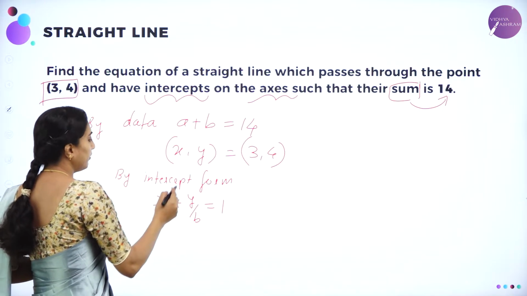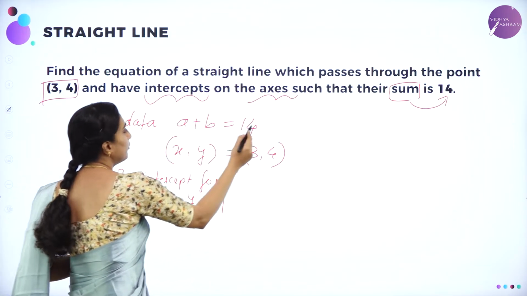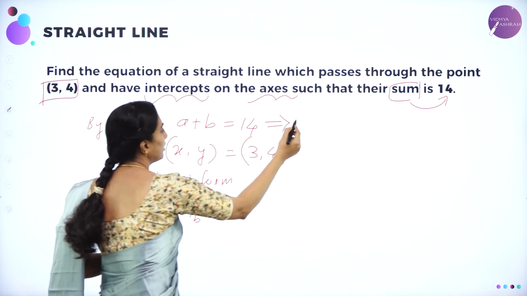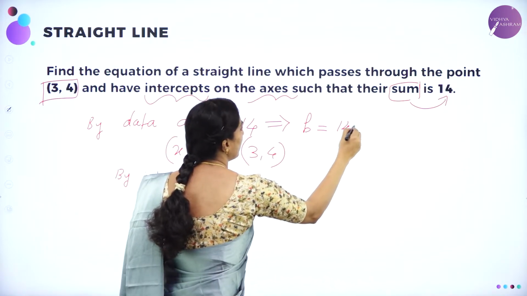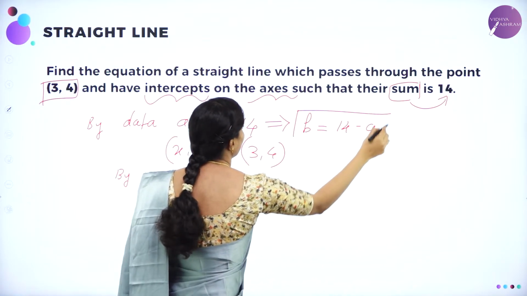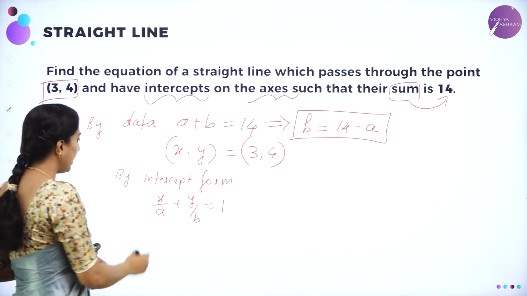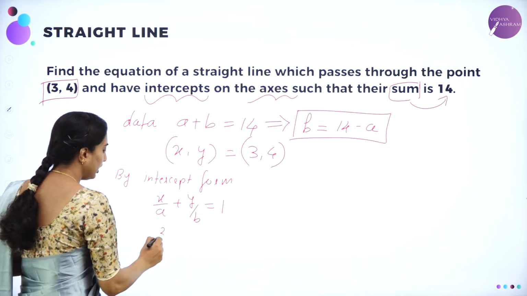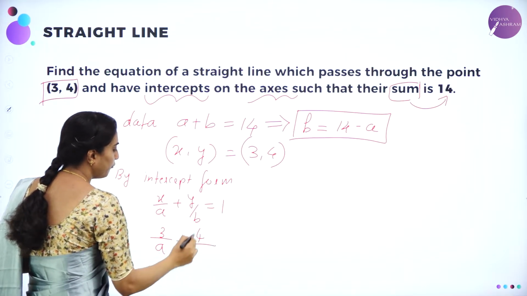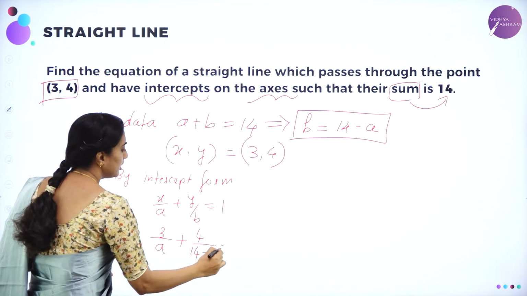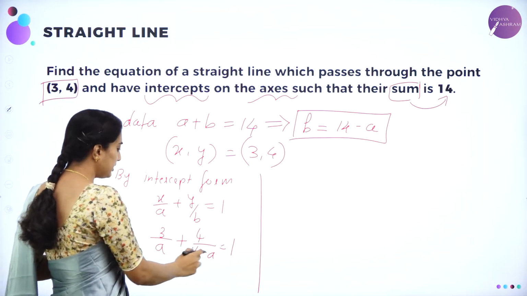You can convert either in terms of A or in terms of B. From this, B will be equal to, taking A to the other side, 14 minus A. Therefore, in place of B, I can substitute 14 minus A. X is 3, so 3 divided by A plus y is 4 divided by 14 minus A is equal to 1. Further simplification, you can take the LCM as A.